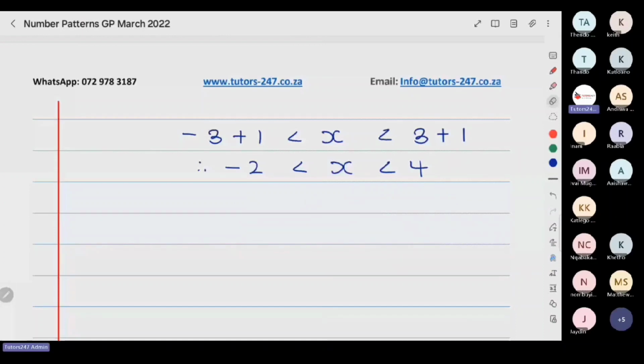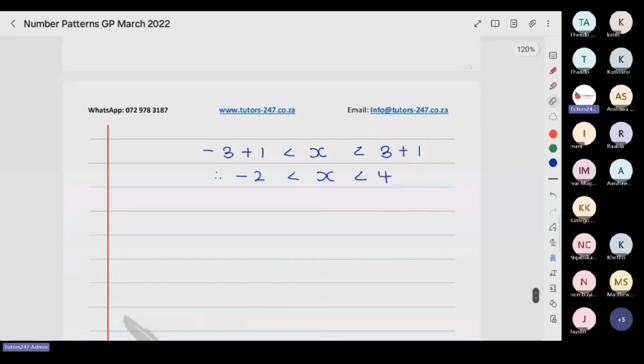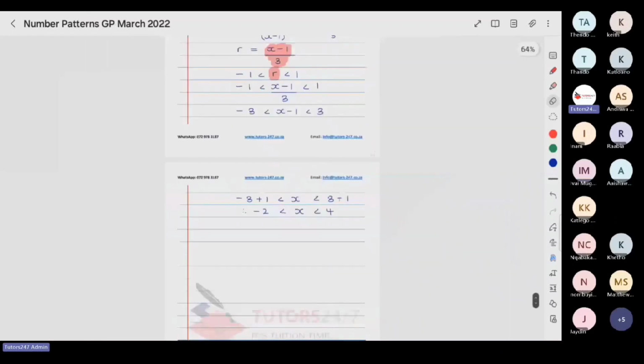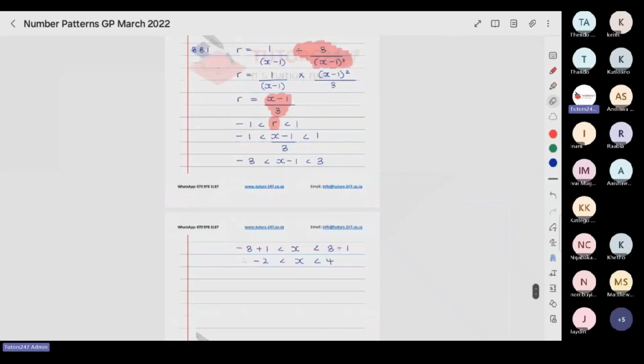I will also post the grade 11 meeting links in the grade 12 group. You can attend those for revision purposes, okay? Take note that even though it is revision, it's still examinable in grade 12. You need to know it in grade 12, okay?